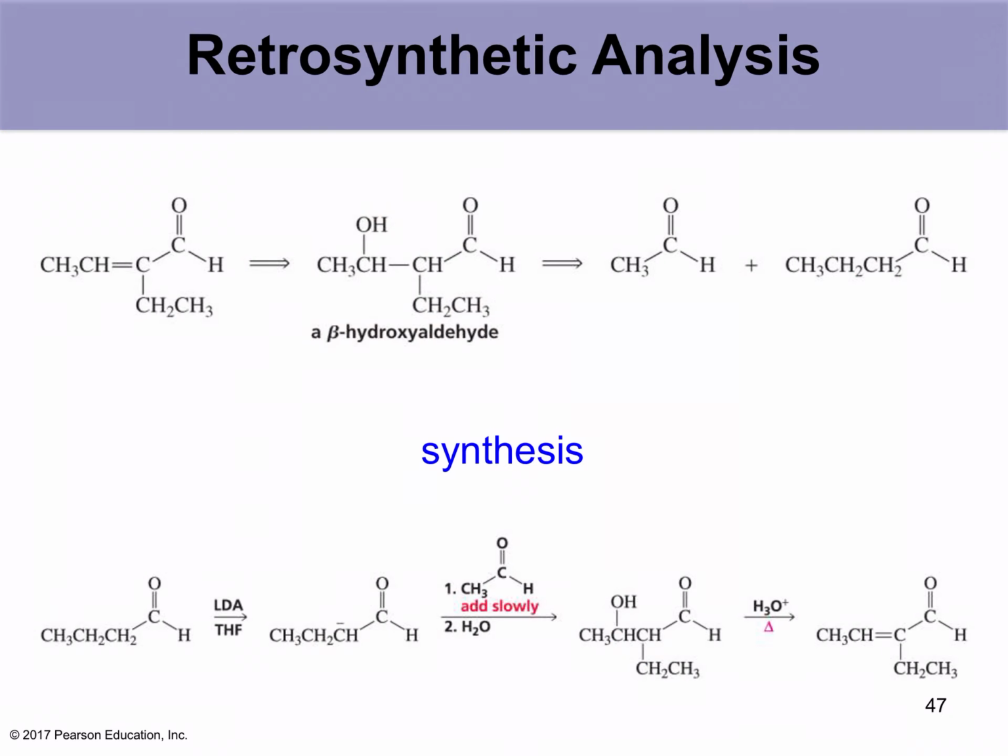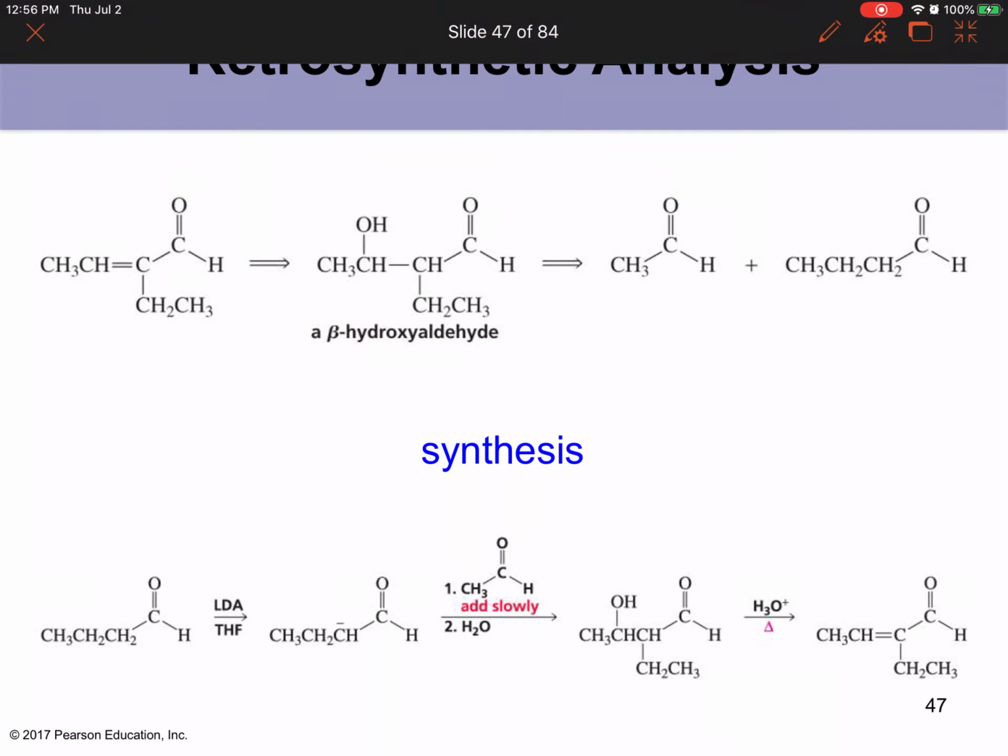Another molecule, retrosynthetic analysis. Now you can see here, we don't have an alcohol, but here we have an alkene, which is an alpha beta unsaturated carbonyl compound.